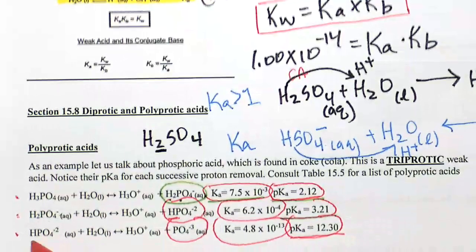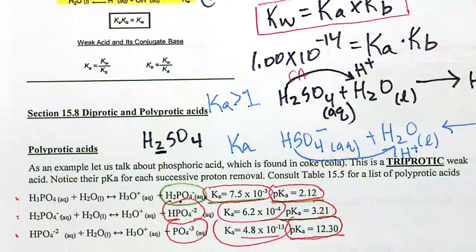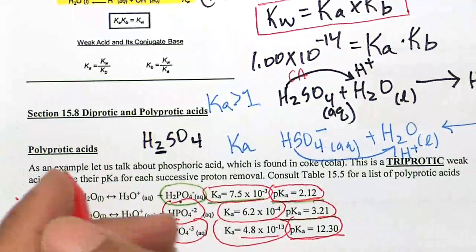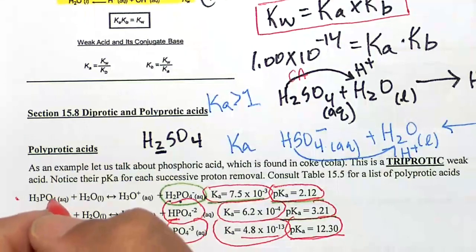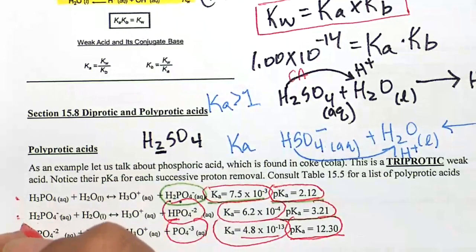It's still an acid, but a very, very weak acid. So with polyprotic acids, the first acid is the strongest. The second is weaker. The third is weakest. That's the take-home point here.